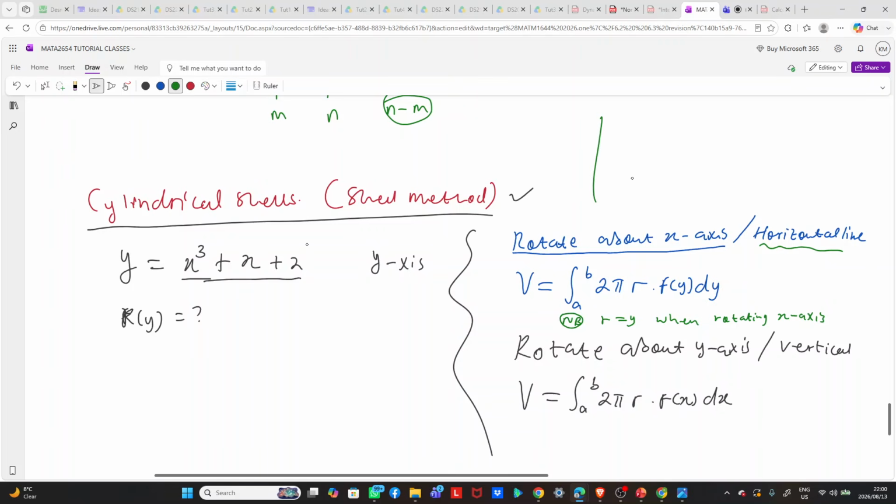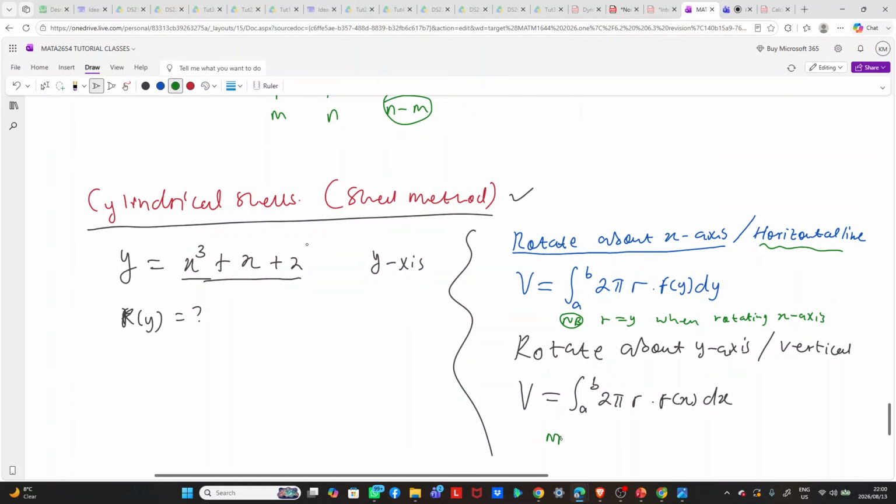If you are revolving about this line and the region is here, we know it would be the line minus the function, and if the region is on the other side, it would be the function minus the line. So the same ideas that we were using earlier on.